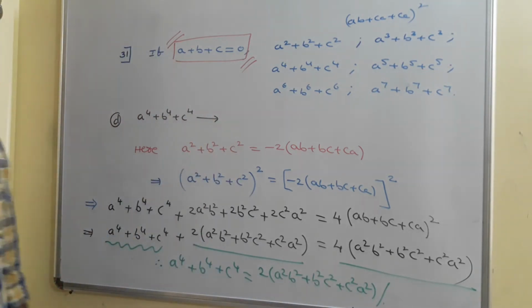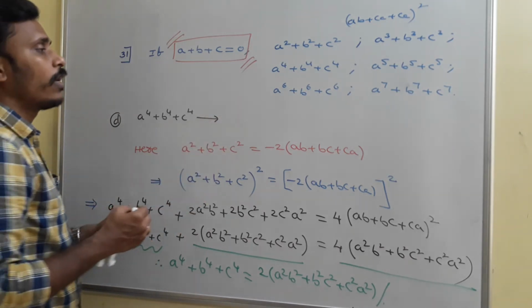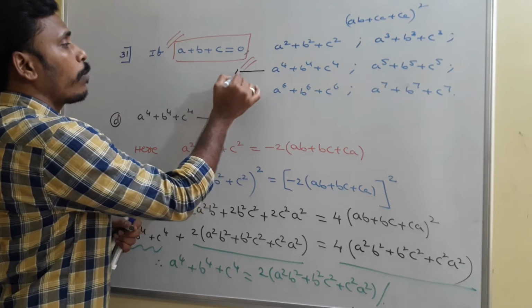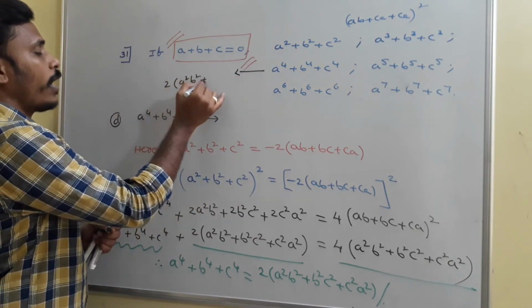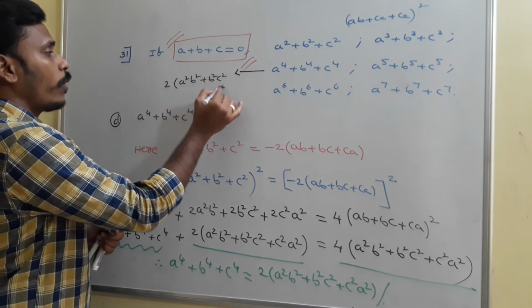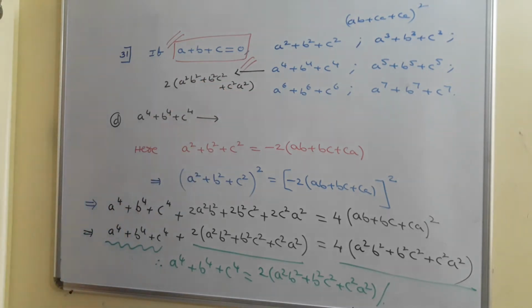At the end, we found this a power 4 plus b power 4 plus c power 4 value as 2 times of a square b square plus b square c square plus c square a square. And the next part, E, we need to find a power 5 plus b power 5 plus c power 5.